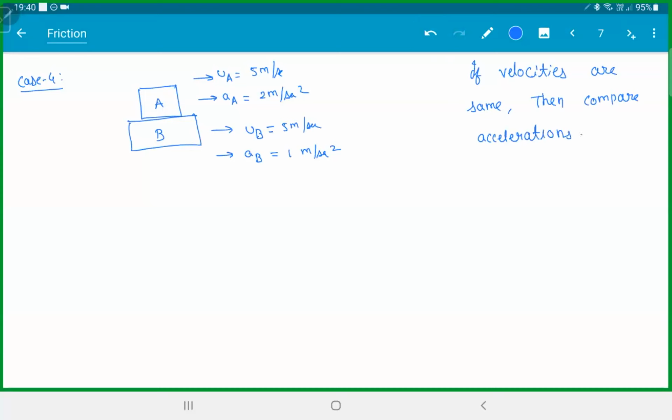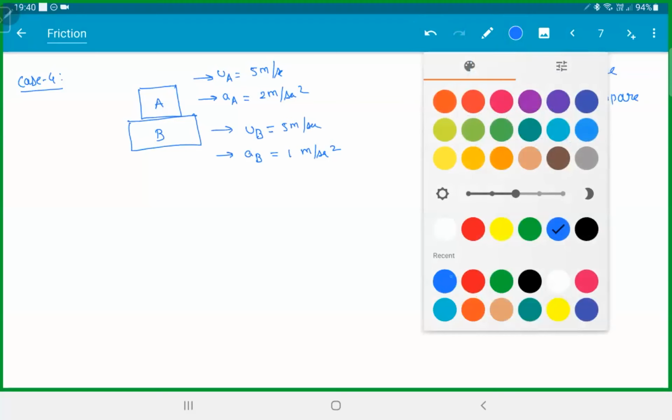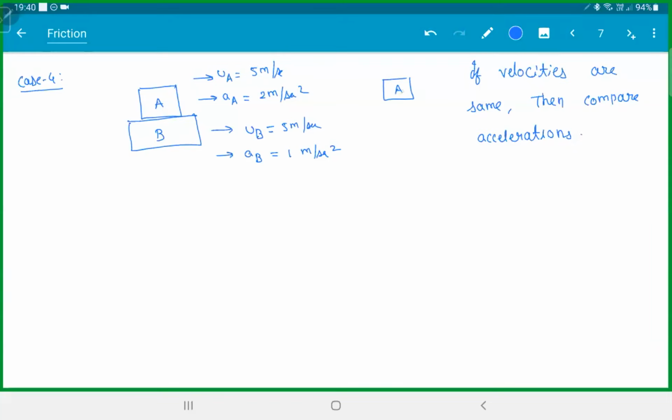Getting it? If both have the same velocity, then you compare accelerations. If velocities are different, let's say A is more than B, I don't care about accelerations. Accelerations come second. So in our case here, B is going slower and A is going faster. Next moment A's speed will increase. So oppose A and increase B.